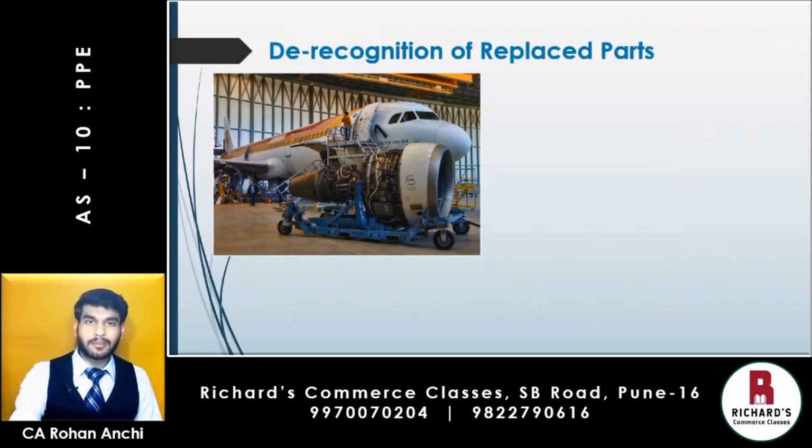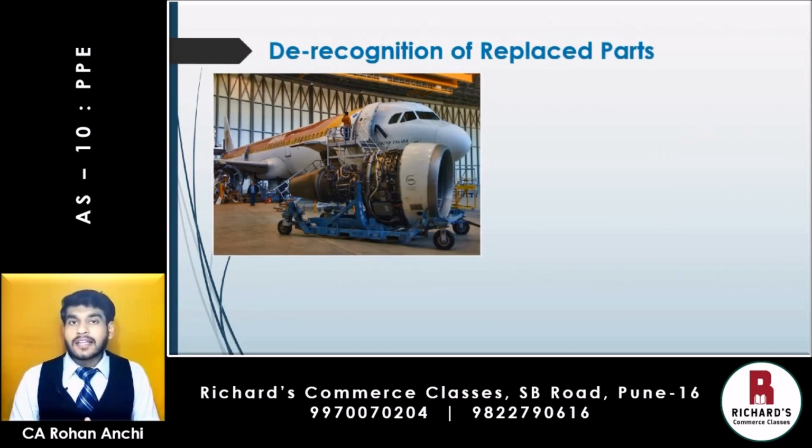Now taking the same example, it is time to derecognize the engine. But what if you don't know what was the cost of that engine? Then in the present year, that is in 2020, the cost of this engine, for simplicity's sake, let's say it is rupees 5 lakhs.